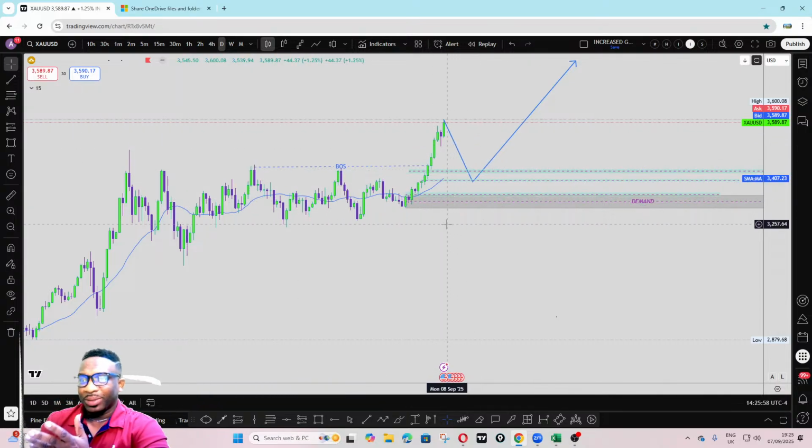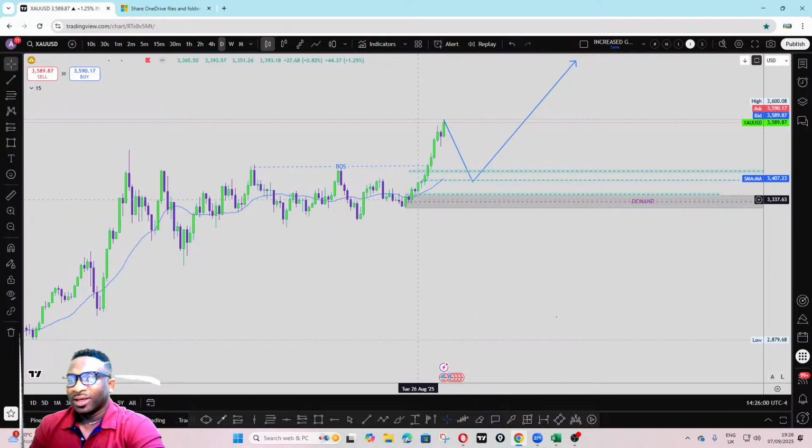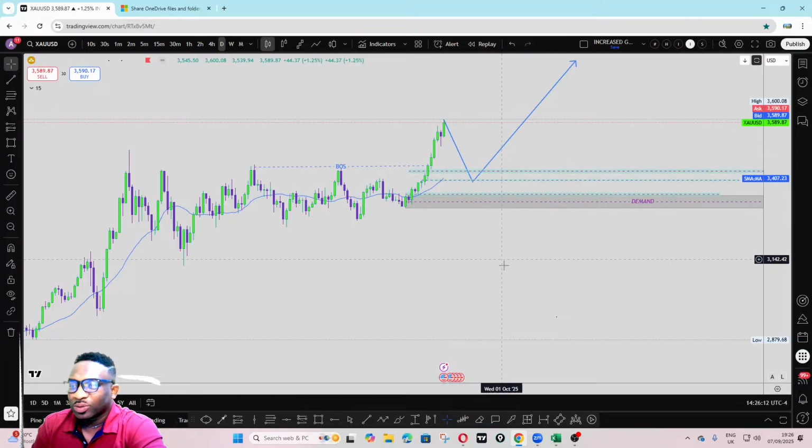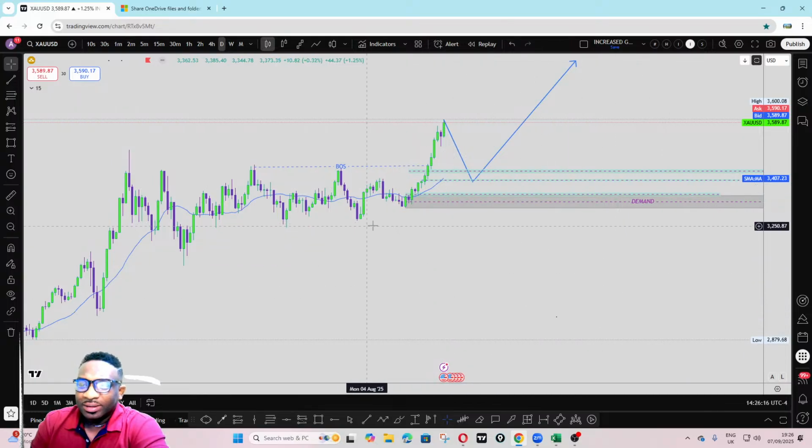Another scenario that we could look at is this whole thing here could be a liquidity sweep, where after sweeping the liquidity above here, the price will turn around to push down to the downside. Also we have these areas of liquidity resting down here.